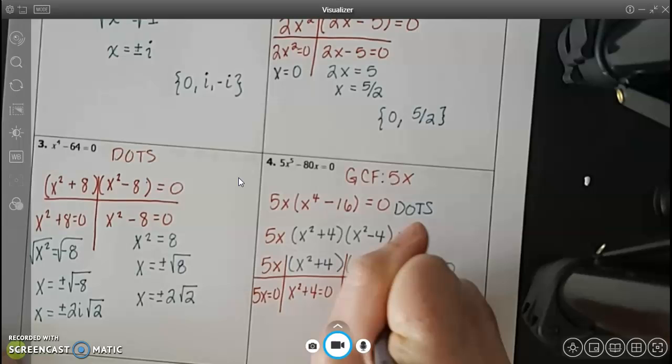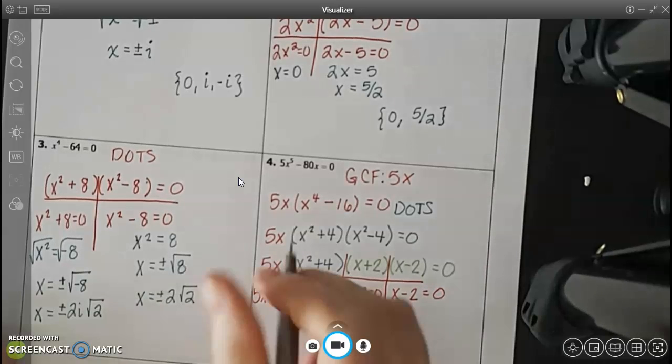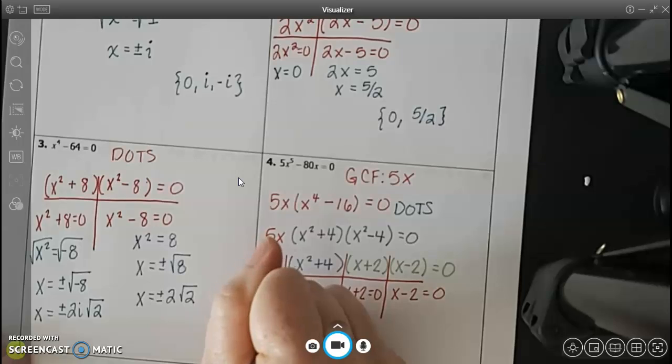Five x equals 0, divide both sides by 5, and we'll just get an answer of x equals 0. Here we're going to have x squared equals negative 4. If we take the square root of negative 4, we get plus or minus 2i.